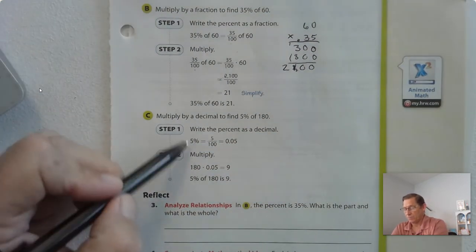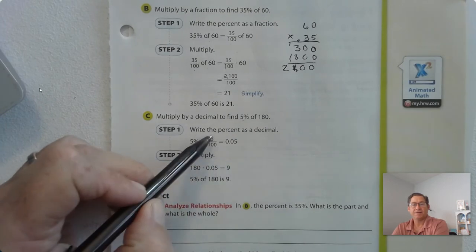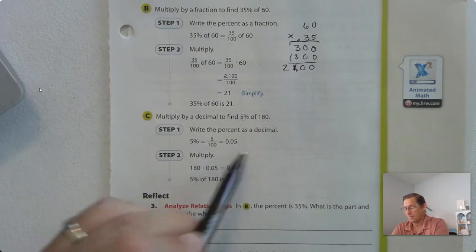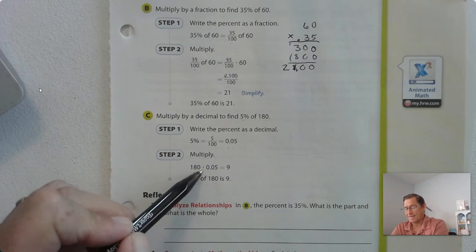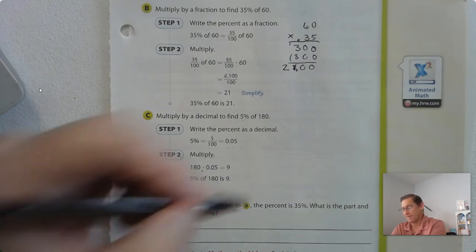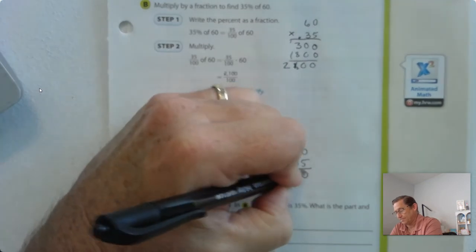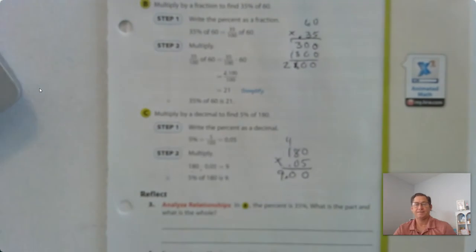So in this example, we're going to say find 5% of 80. Well, 5% is 5/100ths. How do we write 5/100ths as a decimal? As 0.05. So just multiply that. 80 times 0.05, and we'd get 4. Two decimal places.